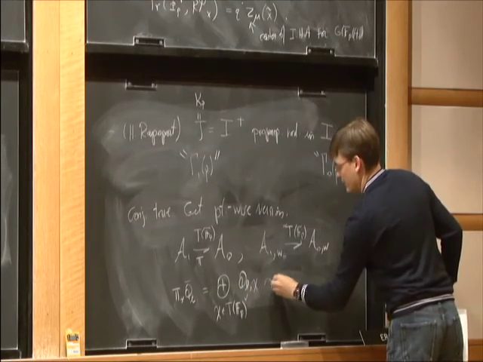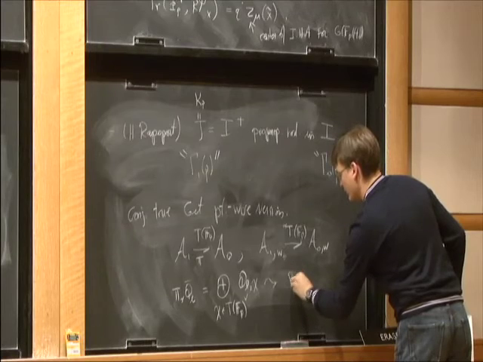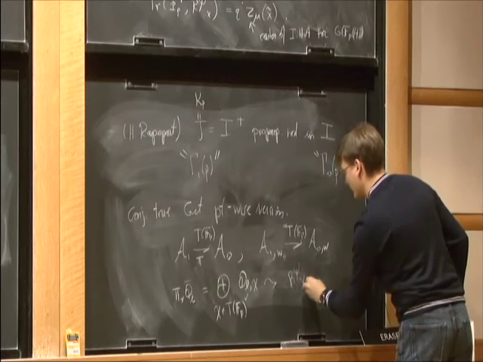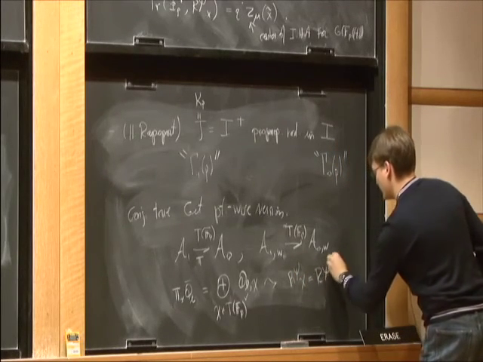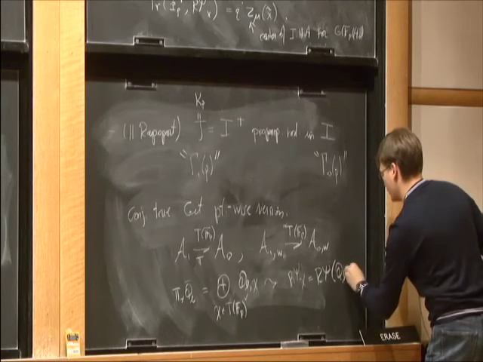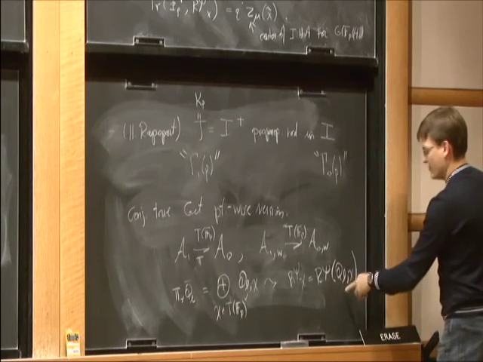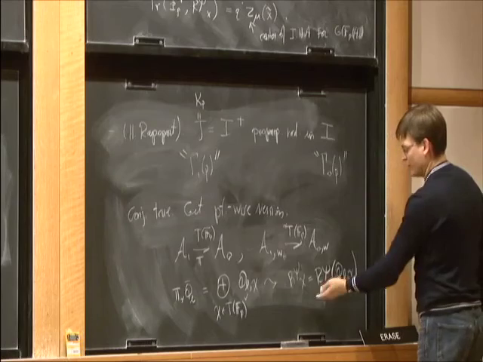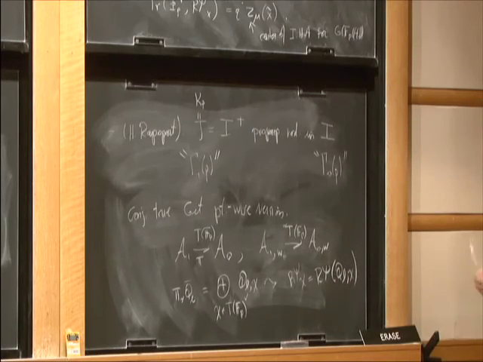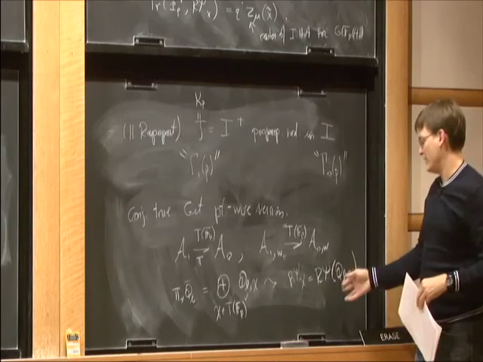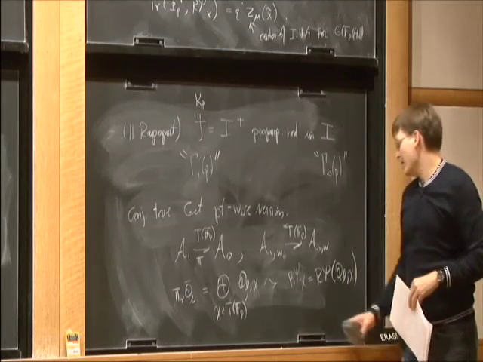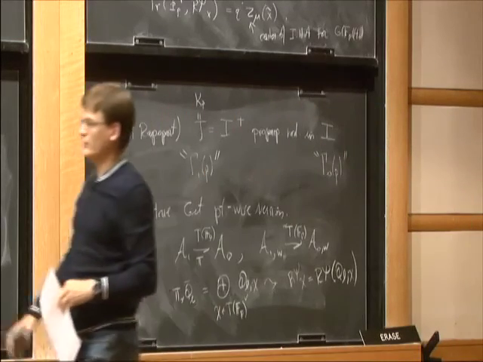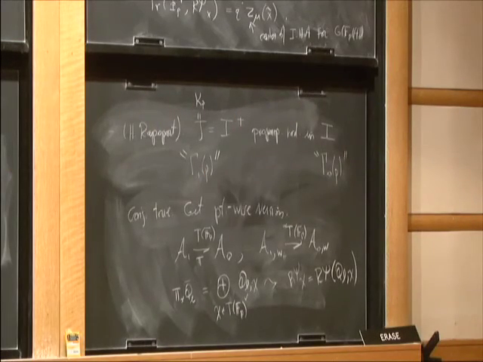If I let the nearby cycles of those things be called R psi_chi, I get some interesting local systems on the generic fiber. I take the nearby cycles, I get a locally constant complex on the special fiber. And I claim that we can compute exactly the trace of Frobenius on these nearby cycles.